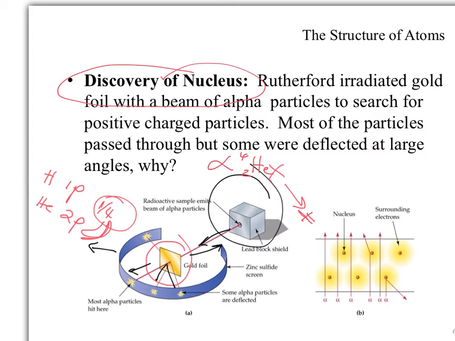Some got deflected to a large extent, and that shows you that there could be a positive center, and 1 in a really big number, 1 in a million, got deflected back, and that is indicative of the fact that that particular position should have a very strong positive charge, because only then will the helium nucleus have the capability to go through a complete 180 degrees deflection.